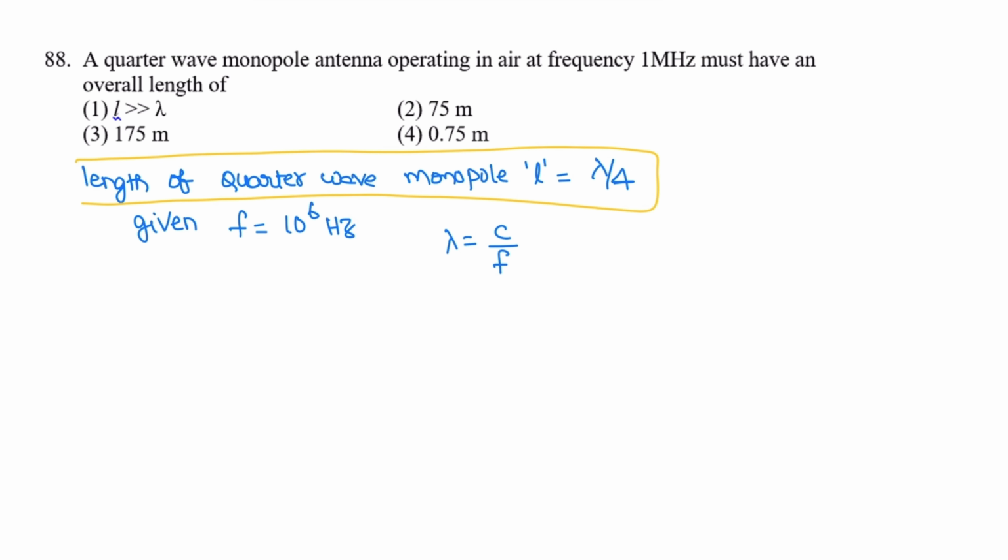So lambda is equal to c by f, that is 3 into 10 power 8 by 10 power 6. So 300 meters is the wavelength, and the length of the monopole antenna is 300 by 4, that is 75 meters. So the correct option is 2.